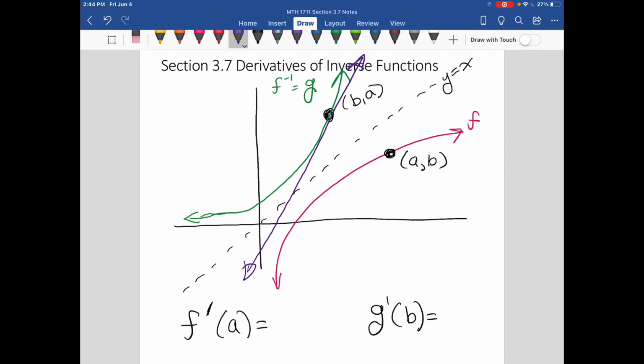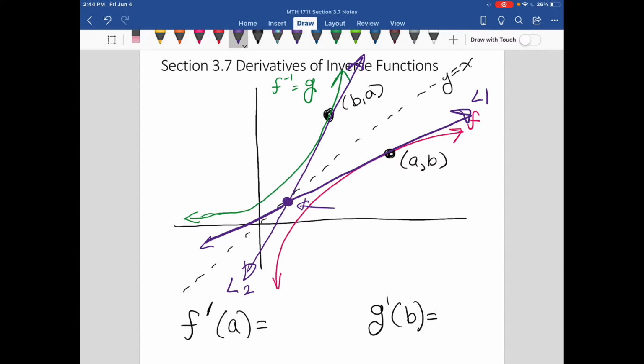Now, if I imagine that I draw my tangent line, let me see if I can draw it in a different color. Let's use purple. I'm going to try to draw it so that it touches only one point. We'll call that line 2. And the tangent line that passes through AB on f, we'll call that line 1.